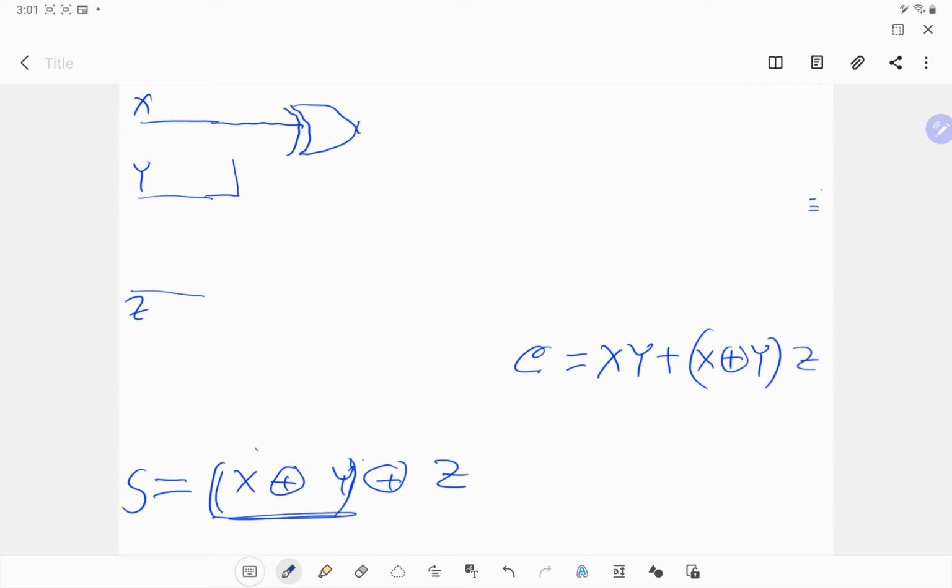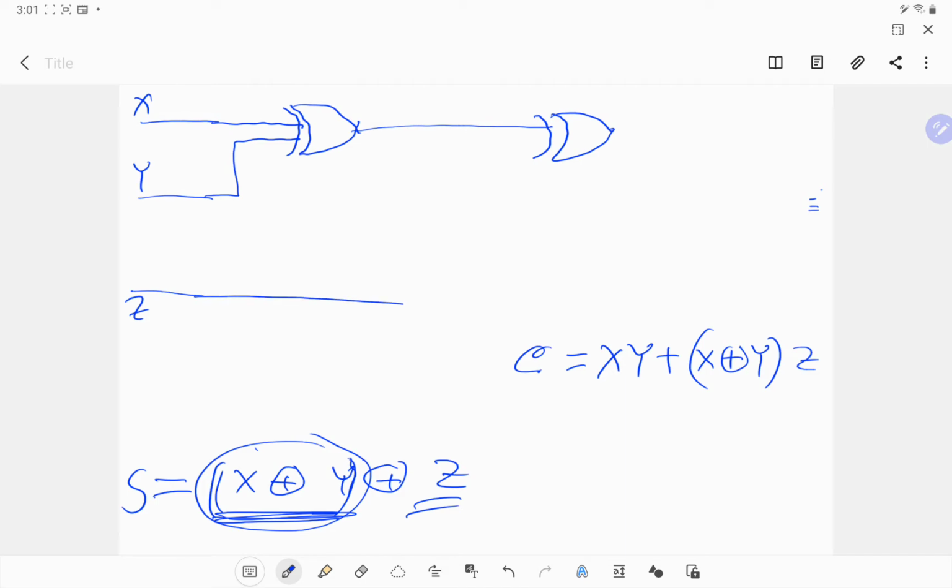Then another exclusive OR between that output and z. And this will give us the sum S.